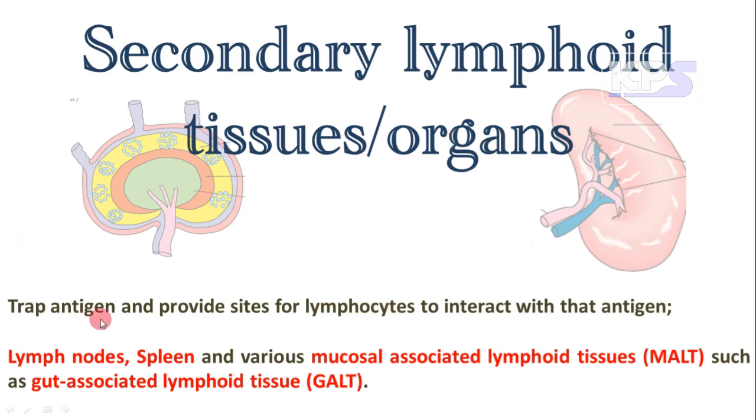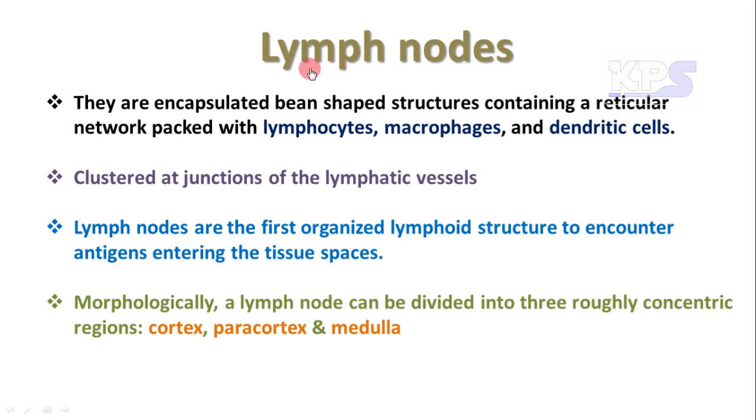So the secondary lymphoid tissues or organs trap antigen and provide a site for lymphocytes to interact with that antigen. The lymph nodes, spleen and mucosa associated lymphoid tissues, MALT, such as gut associated lymphoid tissue or GALT, are the secondary lymphoid tissues or organs.